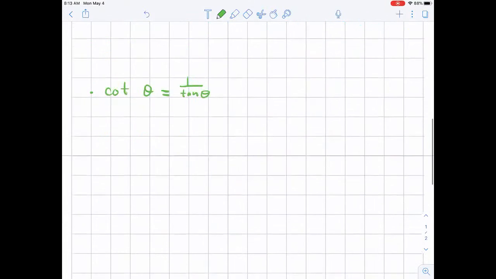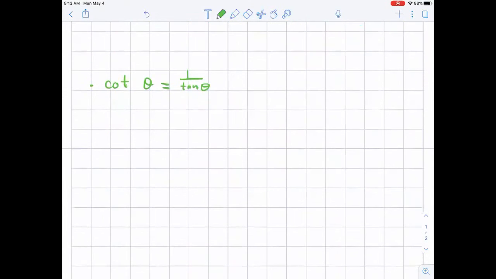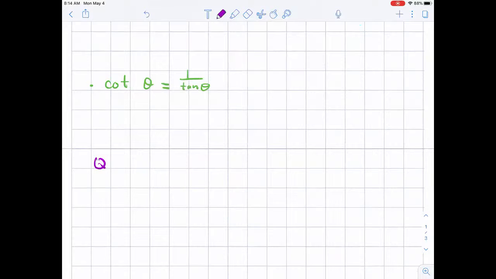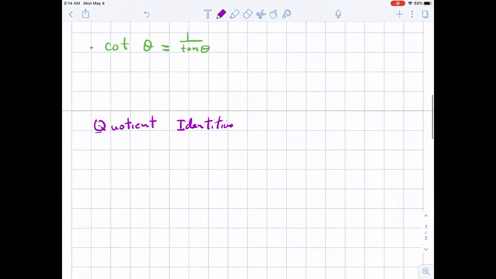And we also talked about the quotient identities. We said that tangent of theta is equal to sine of theta over cosine of theta.